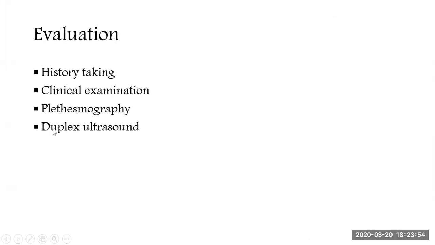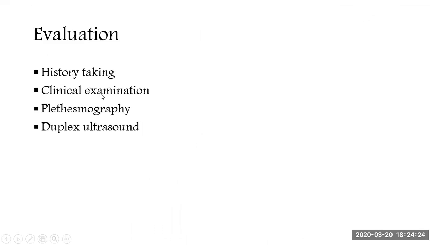In evaluation of the patients, we have to have good history taking, either this problem, when this problem had happened, and what is its progression and what is affecting the patient, and to have an analysis over the pain and the course also of the ulcer if it is present.